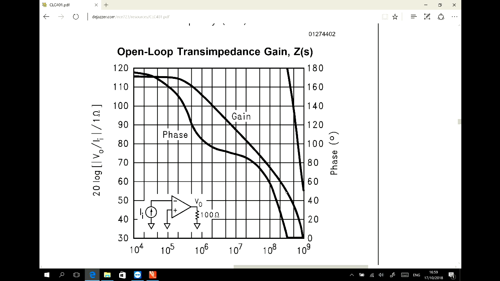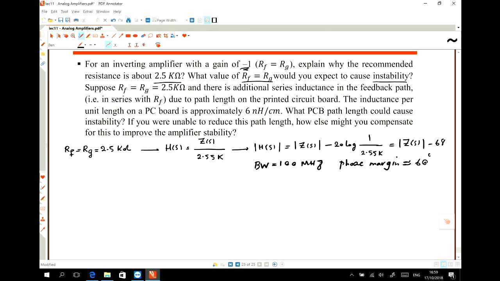Okay, so for the gain of 55, I almost get a phase margin of 0 and my system will be unstable. So if I write this down, ZS equals 55 dB, the system is unstable.